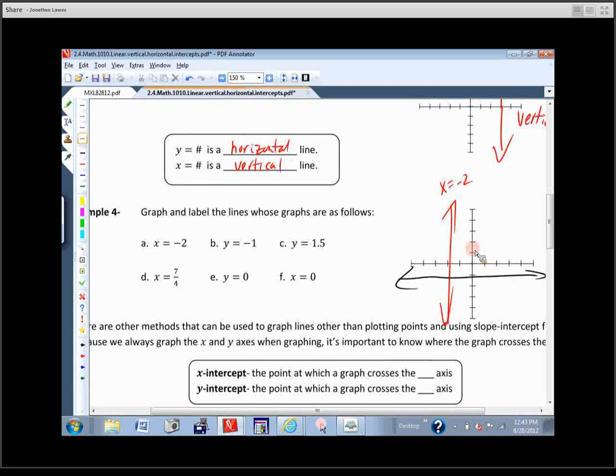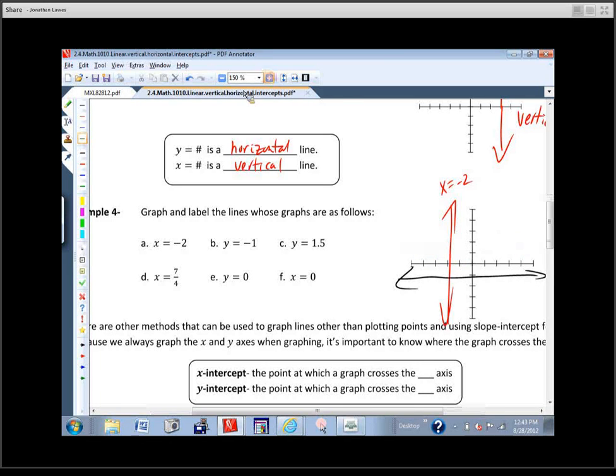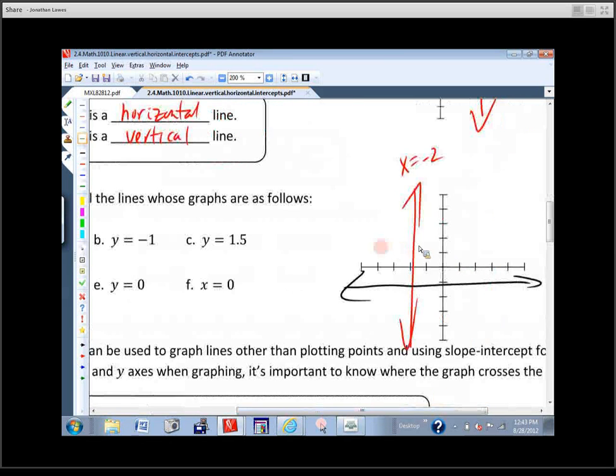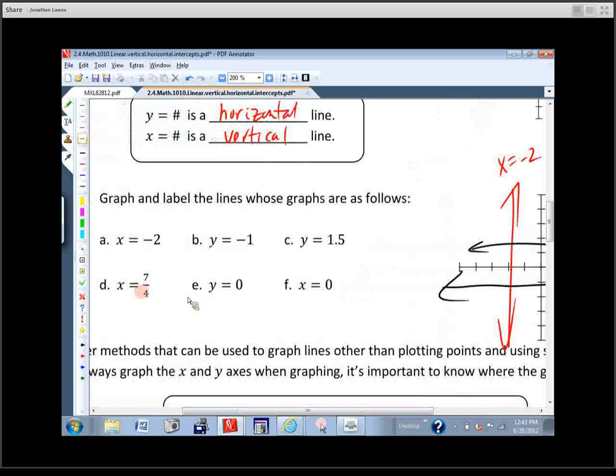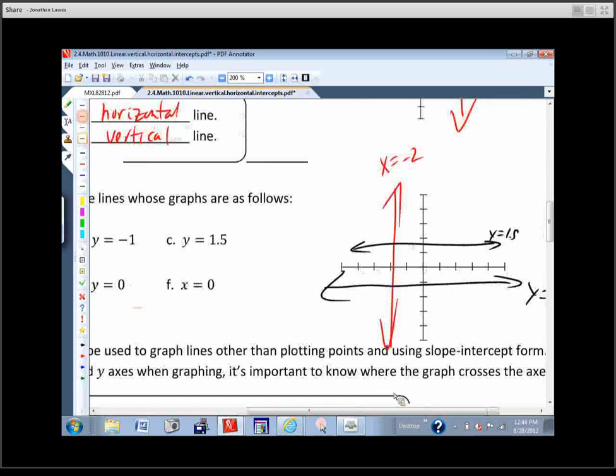Go to 1.5. Horizontal line there. Okay, that would be y equals 1.5. If I had to graph x equals 7/4, I could do it. 7/4 would be 1 3/4, so it would be about right here.